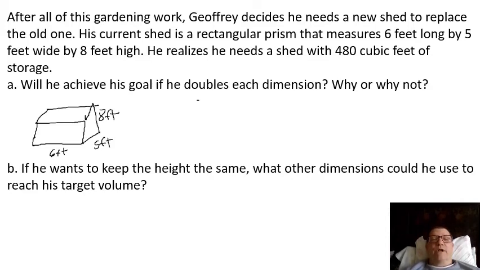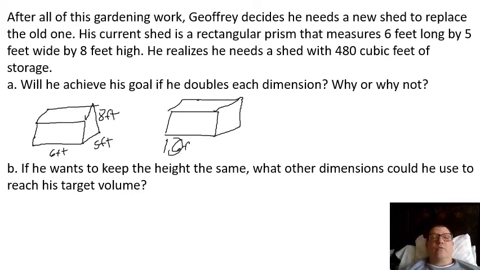Well, what that's telling us is that we're going to take this original shed and we're going to double each dimension. So there's 6 feet, and this is going to become 12 feet. This 5 feet has become 10 feet, and 8 feet will become 16 feet. So let's see.